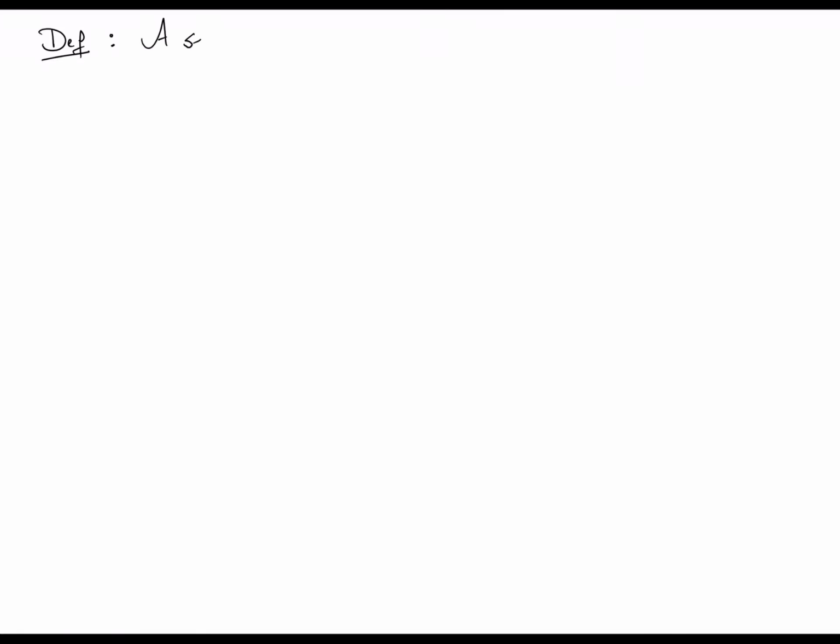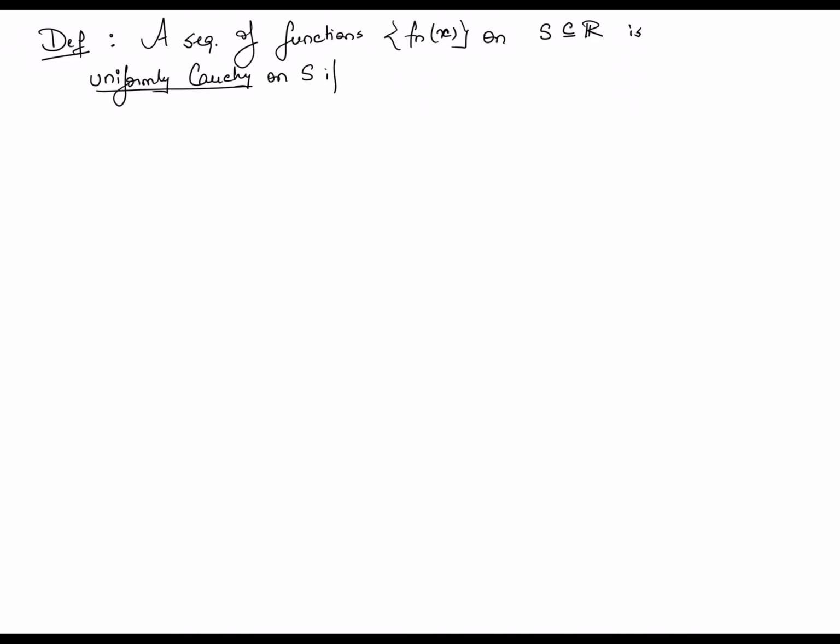A sequence of functions fn of x on S, which is a subset of R, is uniformly Cauchy on S if the following condition is true.